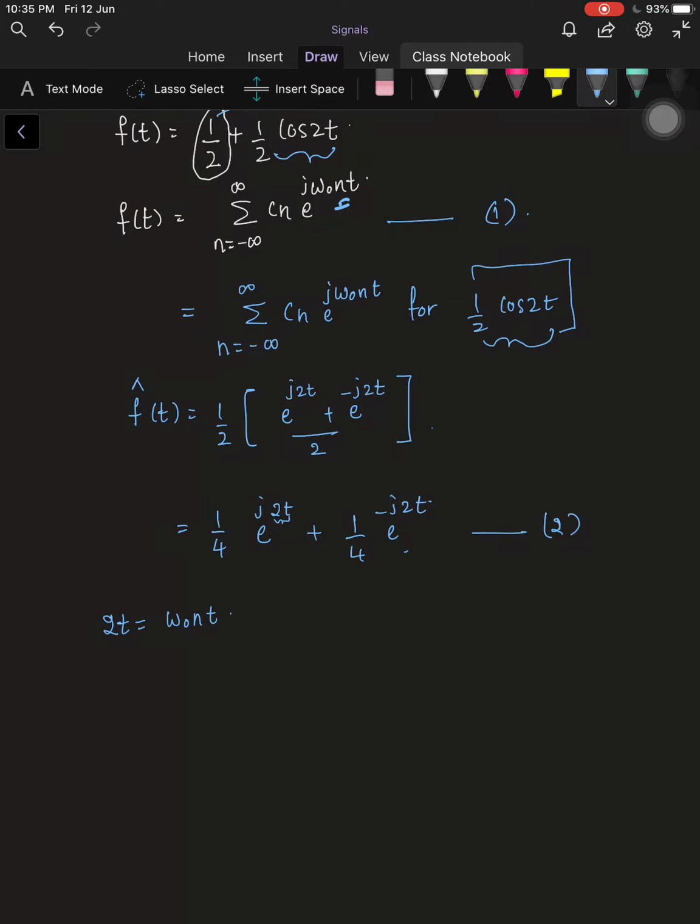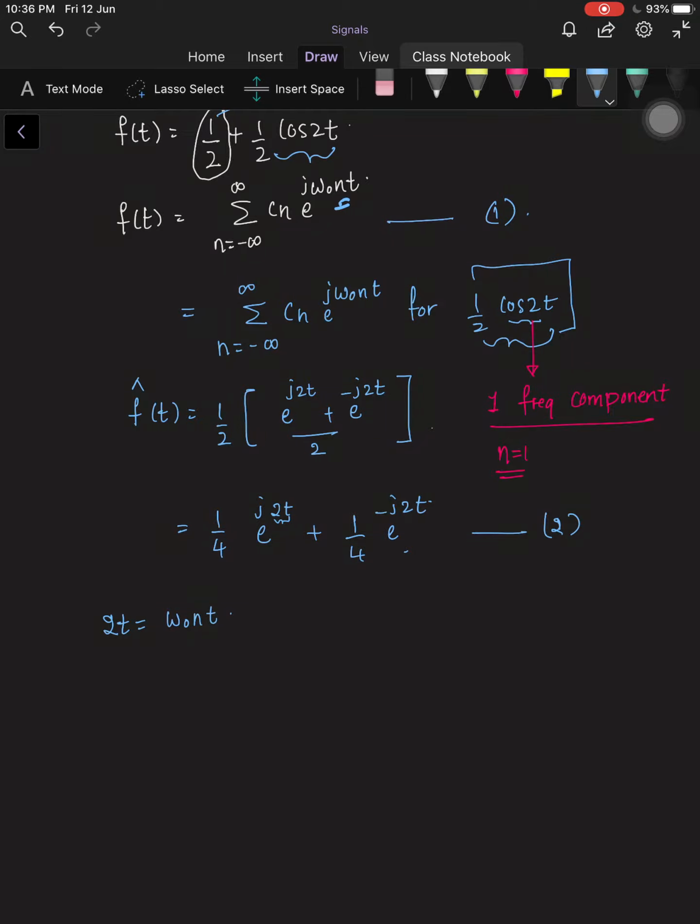So for this example, that is for half cos 2t, we already know that cos 2t has only one frequency component, right? It has only one frequency component. So n should be 1 for this, because there is only one frequency component.